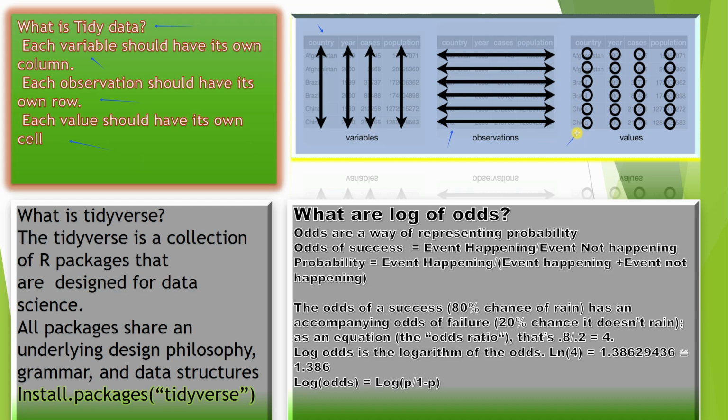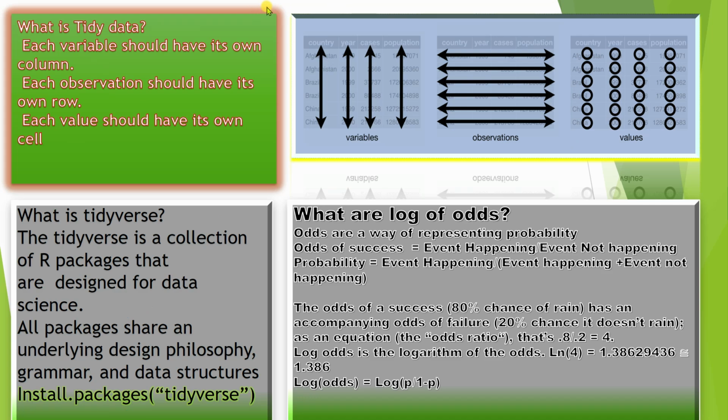That is one of the tidy principles. The Tidyverse is a collection of packages which follow the same kind of philosophy, grammar and data structures, the tidy data principles. You can install the Tidyverse packages with install.packages Tidyverse, so that it will be there in your R environment. That is what we have to do before we actually write the code.